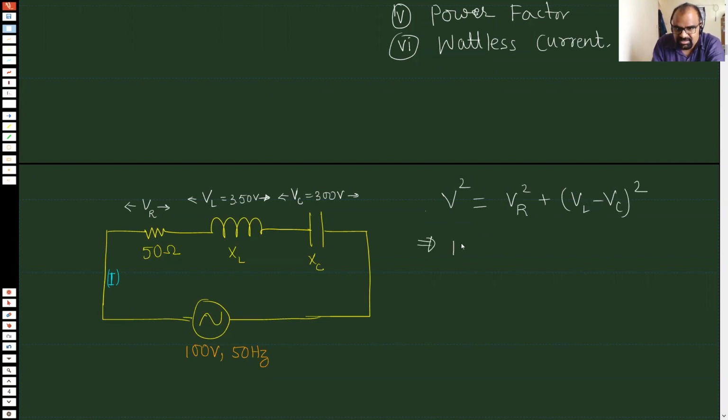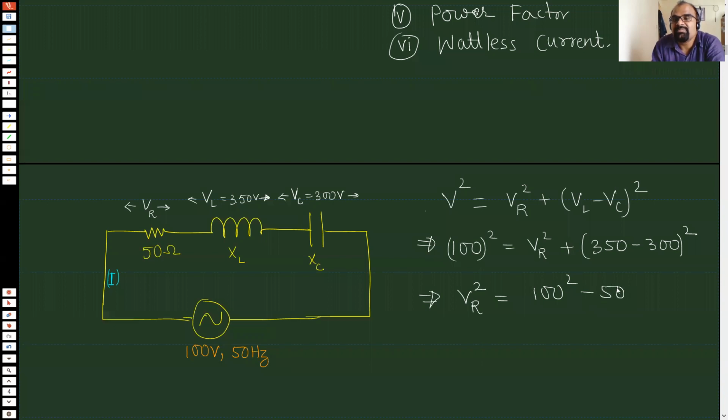This V is 100 volt. So 100 square is equal to VR square plus (350 minus 300) whole square. So from here we get VR square as 100 square minus 50 square. So from here we can get very quickly the value of VR.